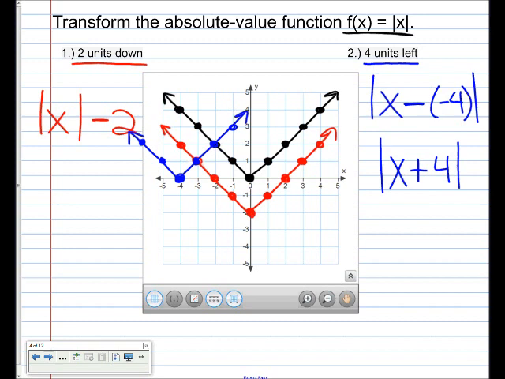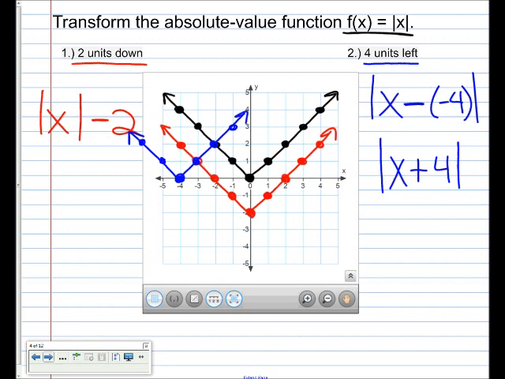Well, I mean, that makes sense, right? Because you're thinking left is negative, so I should write minus. But I just showed you because it is subtraction already, when you subtract a negative, it becomes addition. So you need to think opposite. So if that said 4 to the right, it'd be x minus 4 inside the absolute value. Okay, so write that down if you haven't. Think opposite for inside absolute value.